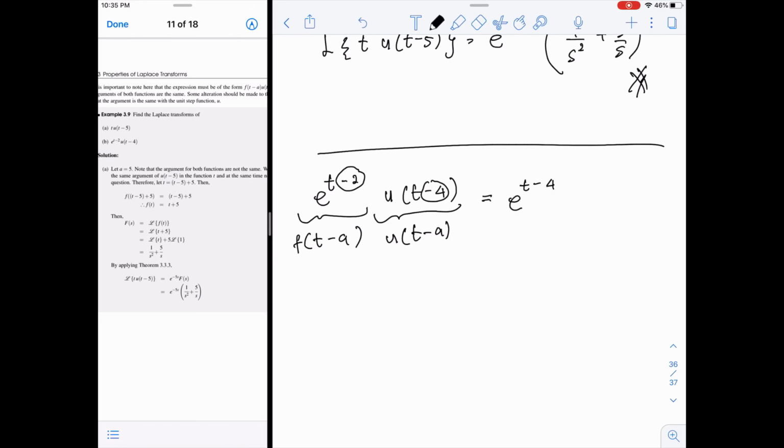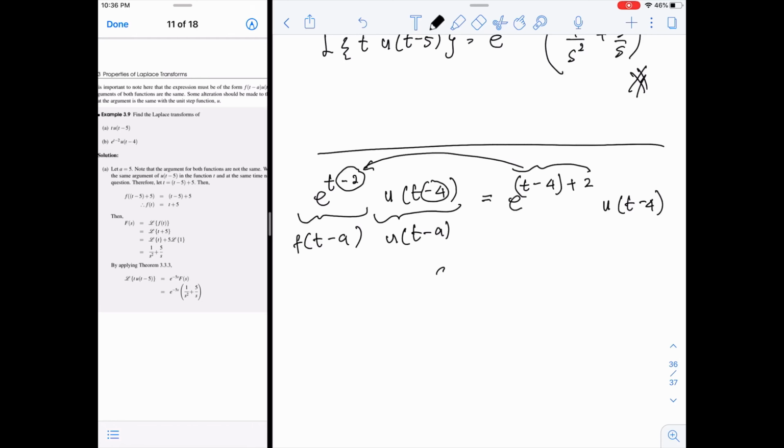So how to make it this one? You will have t minus 4, and then you need to plus 2, so that the overall is actually similar to this one. You are not making a new term, but you just modify it to have the same meaning.